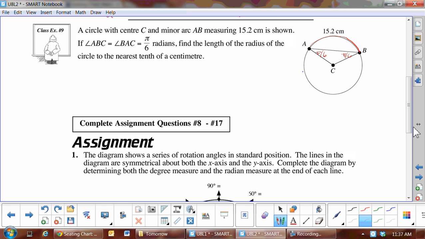So find the length of the radius. I am looking for r. And I have this formula. I know a. I don't know r. I'm looking for it. Can I find my angle?